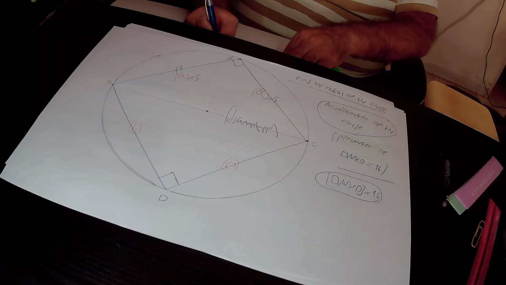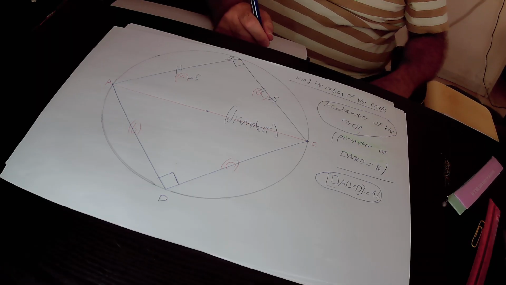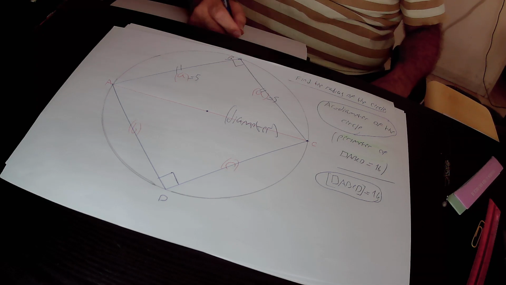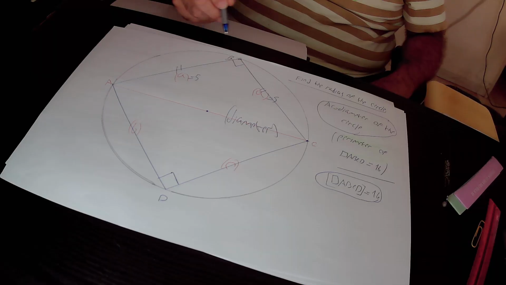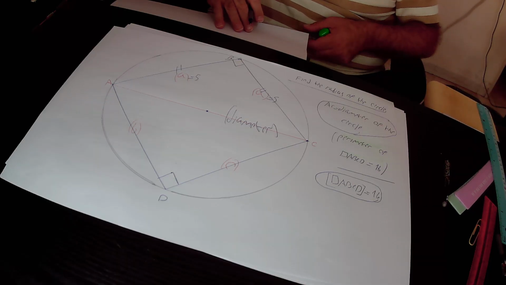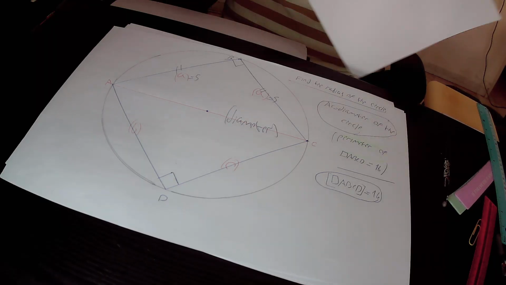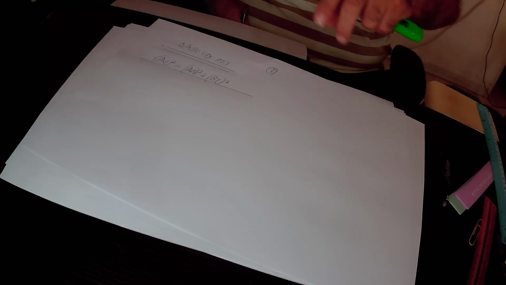So in the right triangle ABC, according to the Pythagoras theorem, AC squared, that is the square of the hypotenuse, is equal to AB squared plus BC squared.